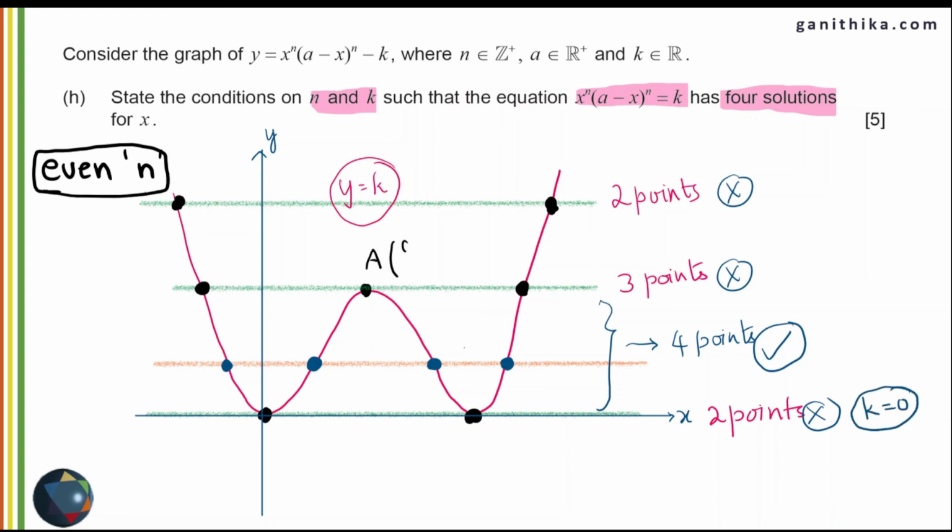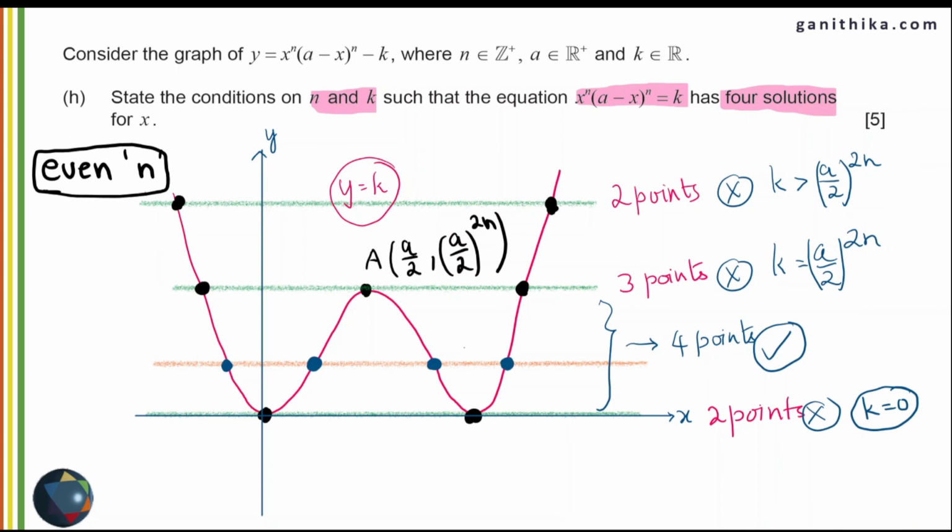If you notice, this point is the maximum point and the coordinates are a over 2 and (a over 2) to the power of 2n. This is obtained from questions D and E. Therefore, the line going through the maximum point will have the k value as (a over 2) to the power of 2n, and the lines above that will have a k value greater than (a over 2) to the power of 2n.